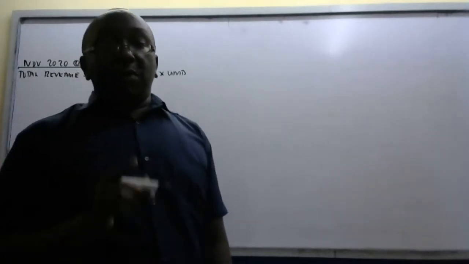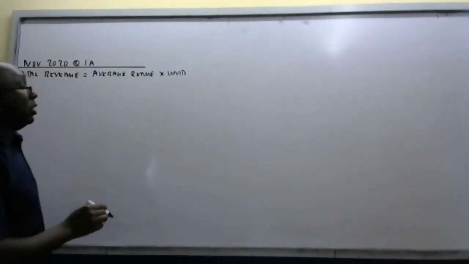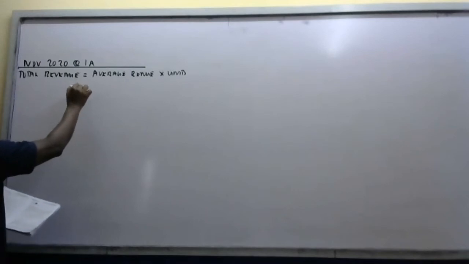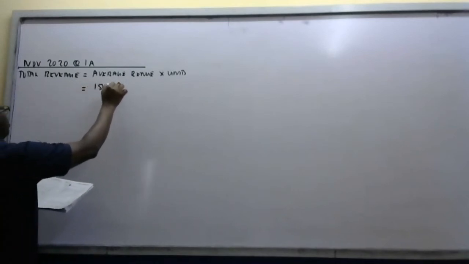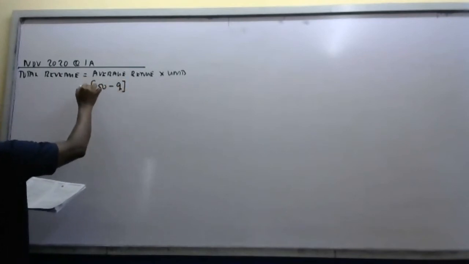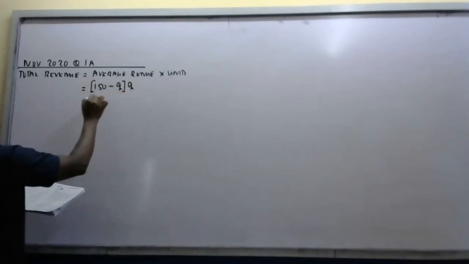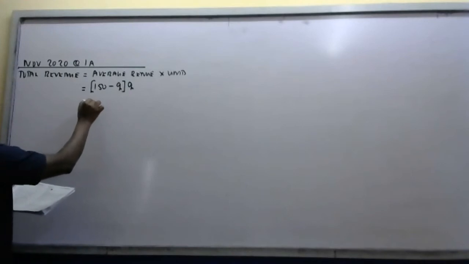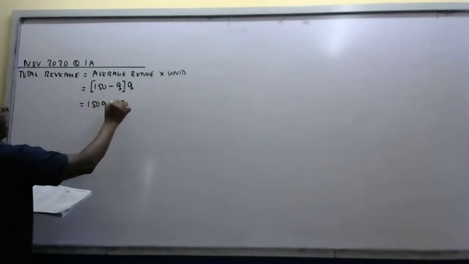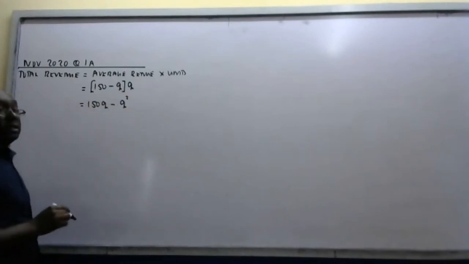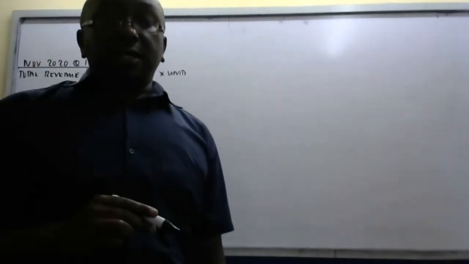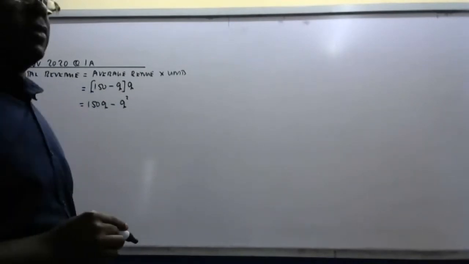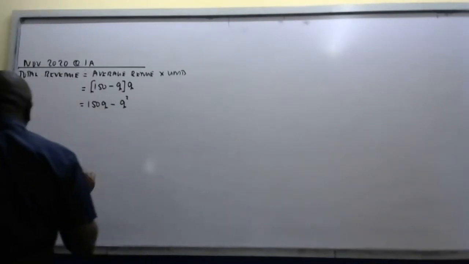Average is the revenue for 1 unit. So this becomes 150 minus Q, you multiply by Q, and this will be 150Q minus Q squared. That is the total revenue.